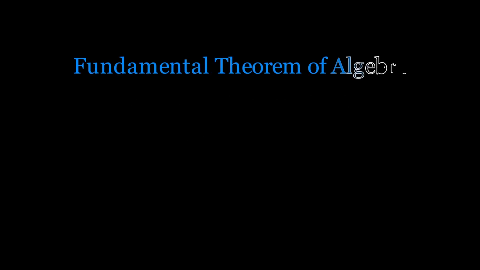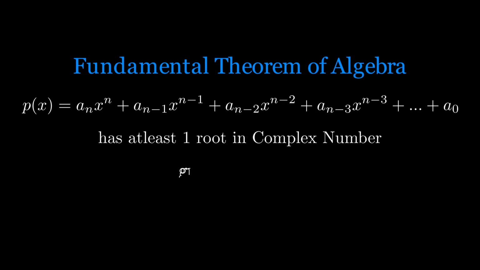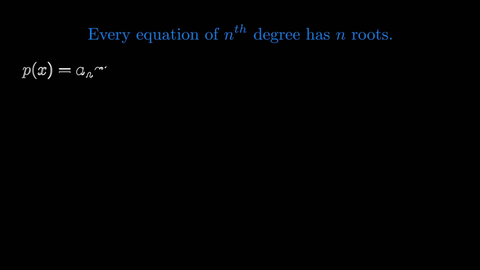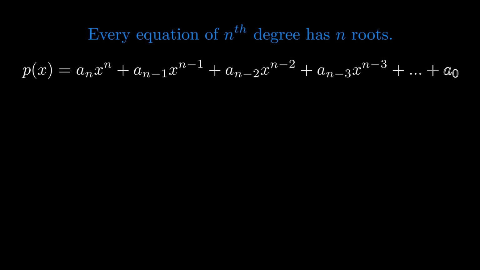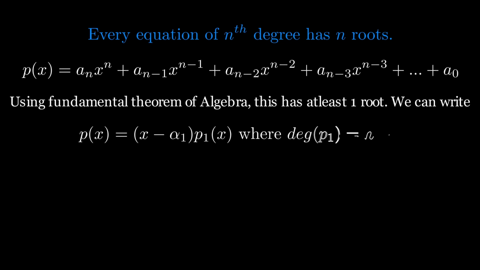The fundamental theorem of algebra states that any polynomial of degree n greater than or equal to 1 must have at least one root in the complex numbers, which is denoted by C. Following this, we get another theorem that an n-degree polynomial has n roots. Using the previous theorem, we can write P(x) equals (x minus alpha 1) times P1(x), where alpha 1 belongs to the complex numbers and the degree of P1 is 1 less than n.